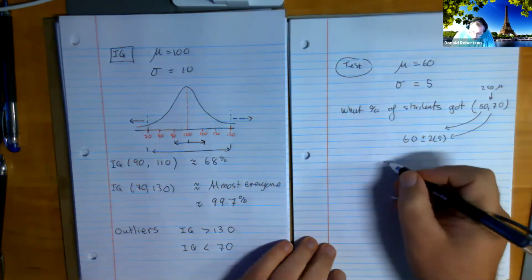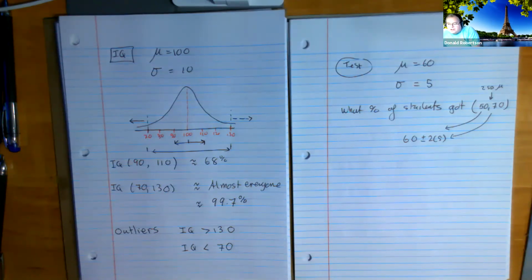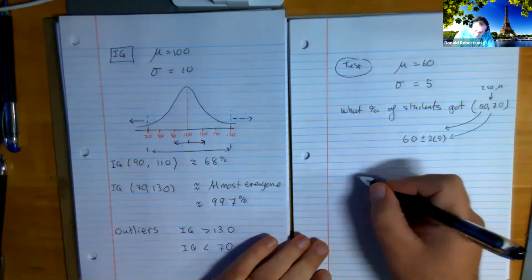And what percentage of people lie within 2 standard deviations of the mean? Can you remember what that number was? Anyone remember the number for 2 standard deviations away from the mean? Okay, here goes to remind you then.